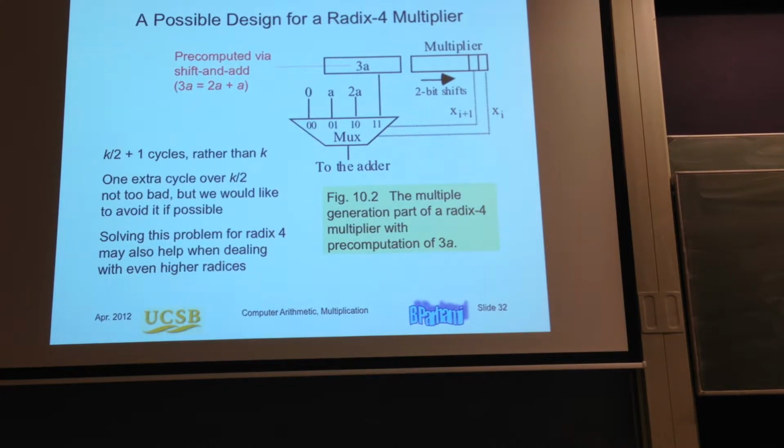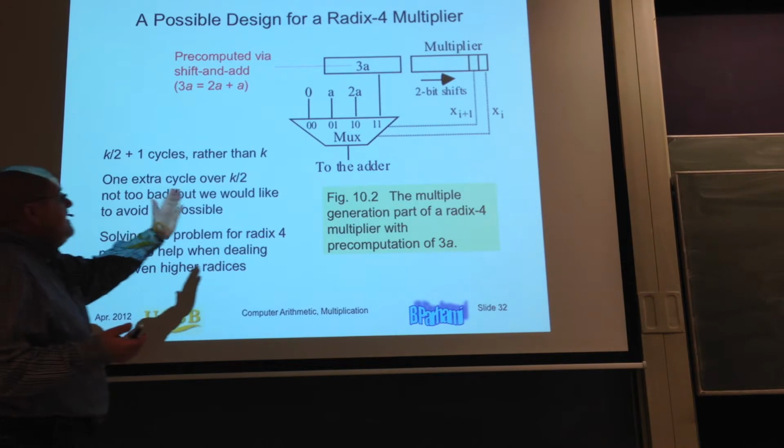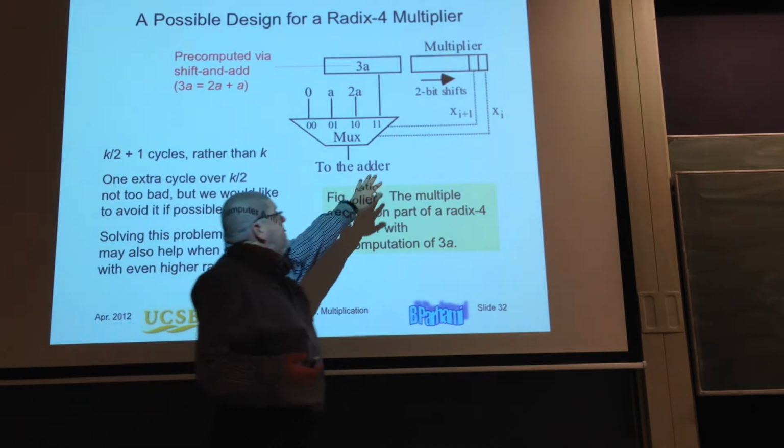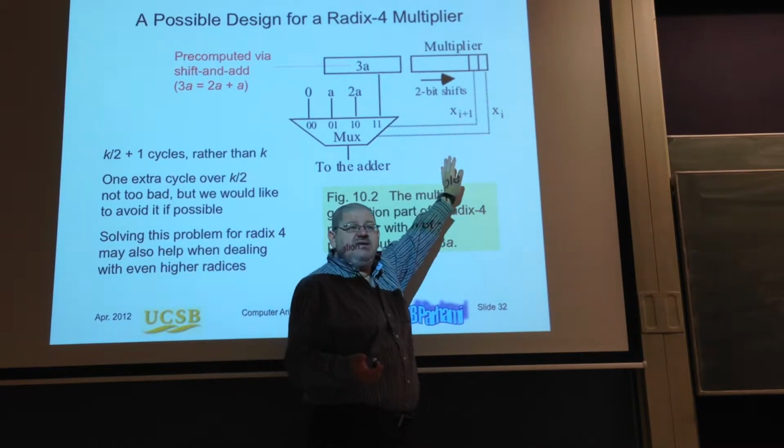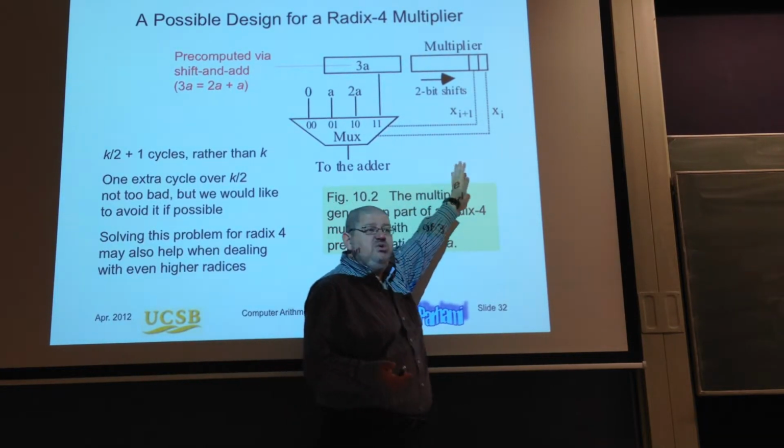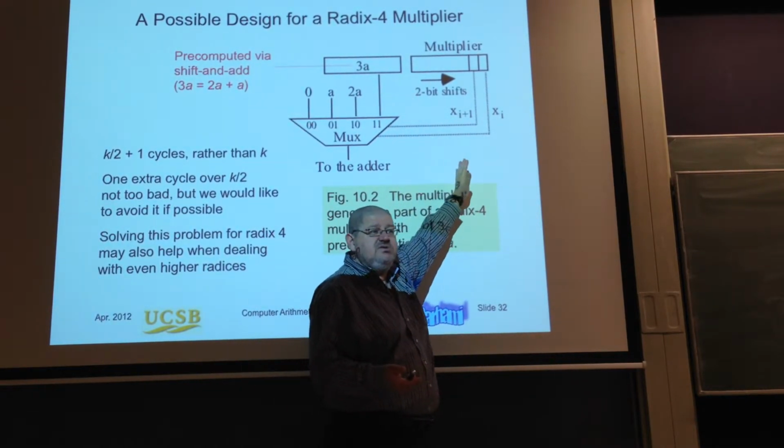Now, in each and every iteration, I'll do something similar to the previous case, except that now I have a wider mux with more possibilities. And I'm selecting 0A, 1A, 2A, 3A based on 2 bits, which are coming from shifting X. And I shift now by 2 positions, each cycle 2 new positions.